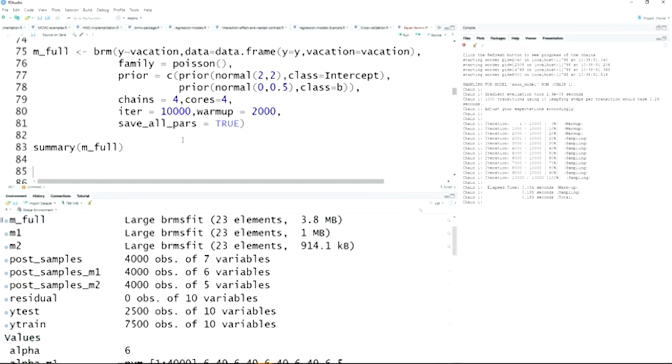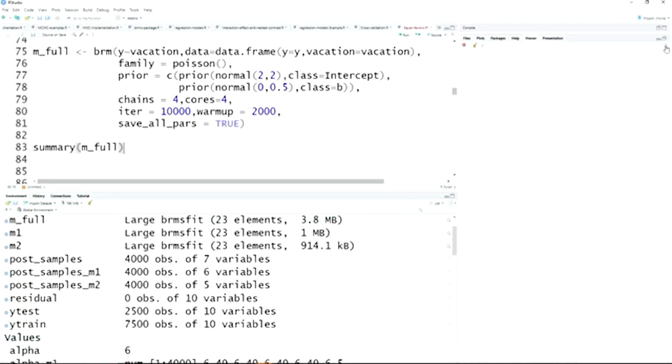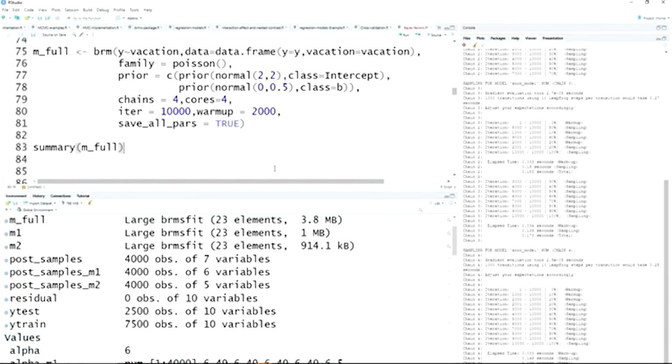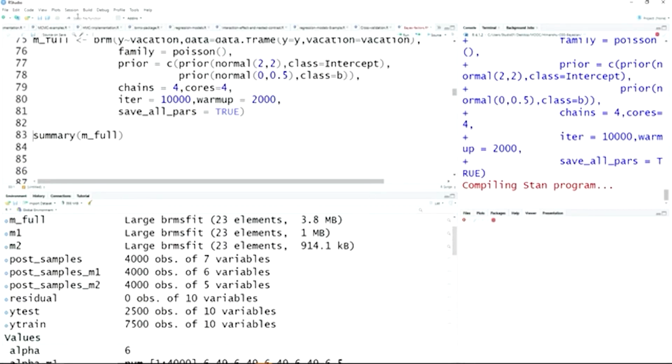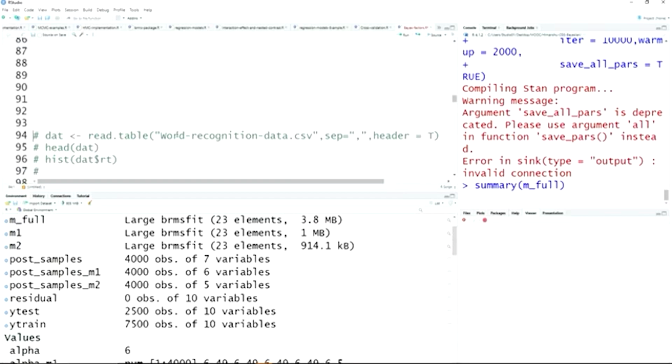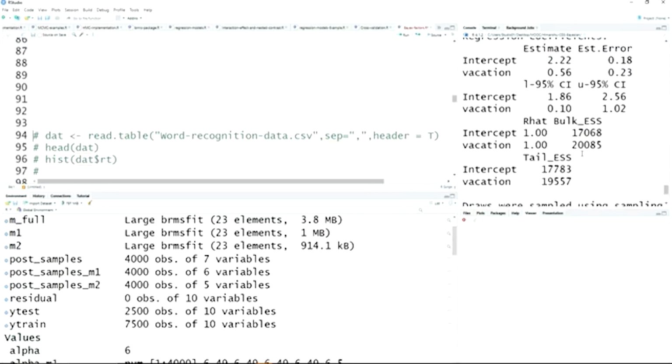I think it's already done. So this was the output.